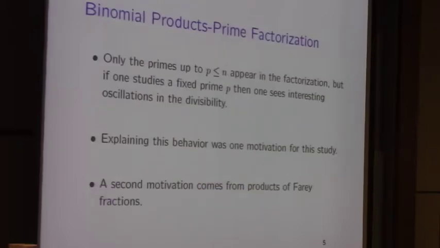Then, as I said in this slide, if you study the behavior of this function for a fixed prime, you see interesting oscillations in divisibility. And explaining this behavior was one of the motivations for this work. And a second motivation came from products of Farey fractions, which is actually a spin-off.